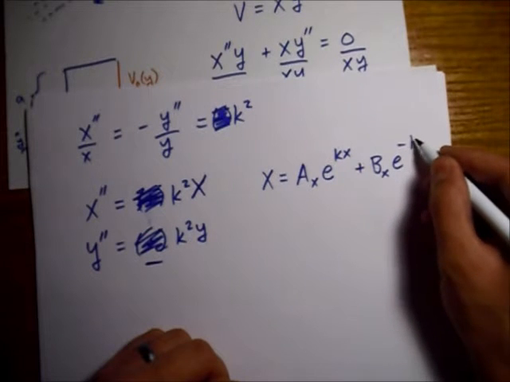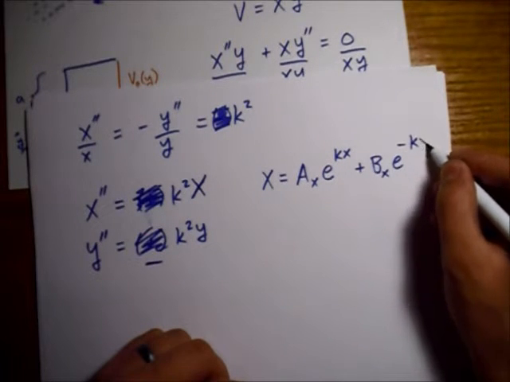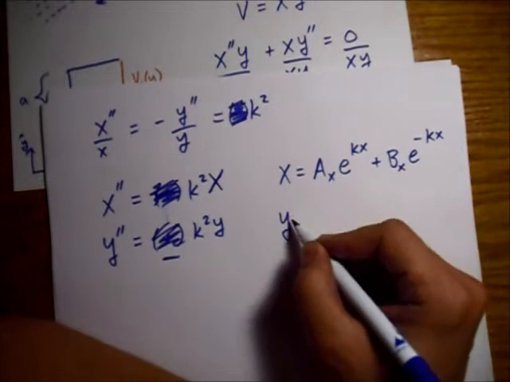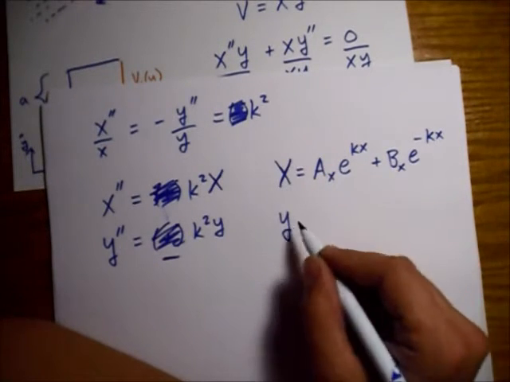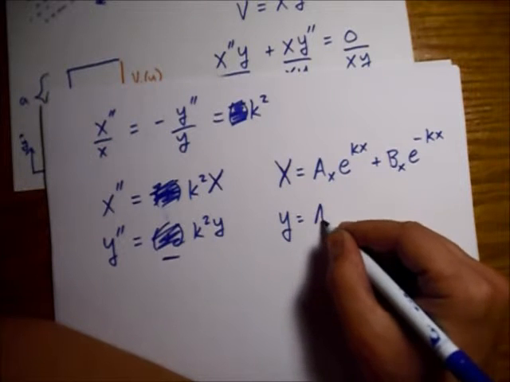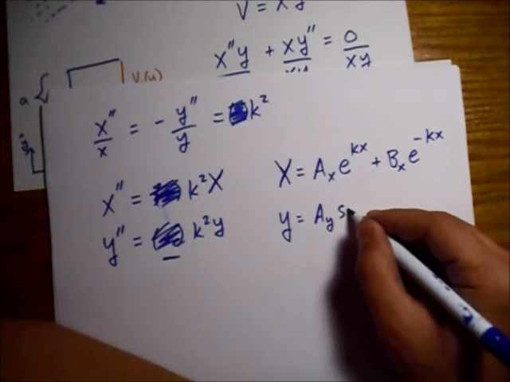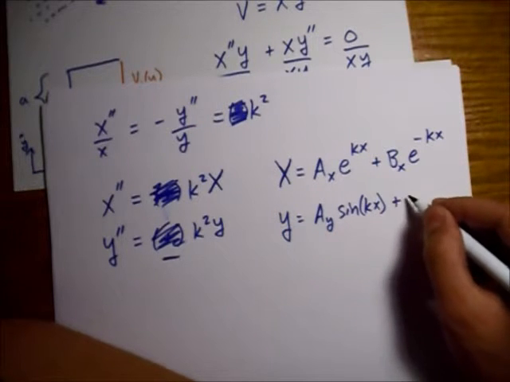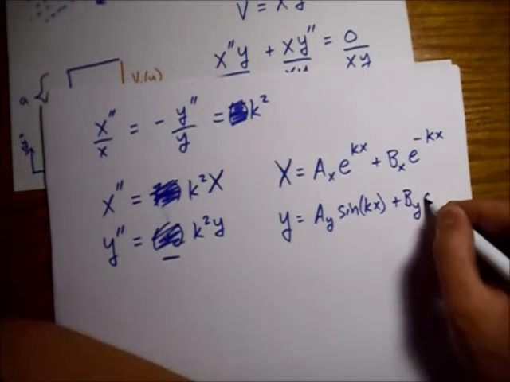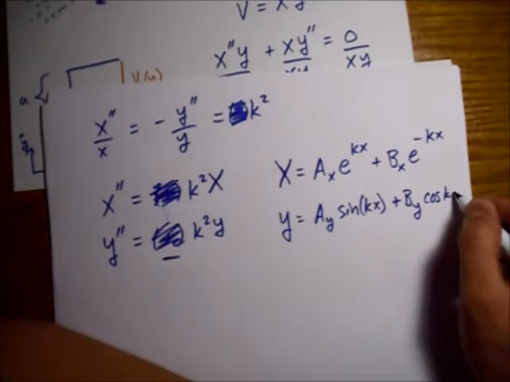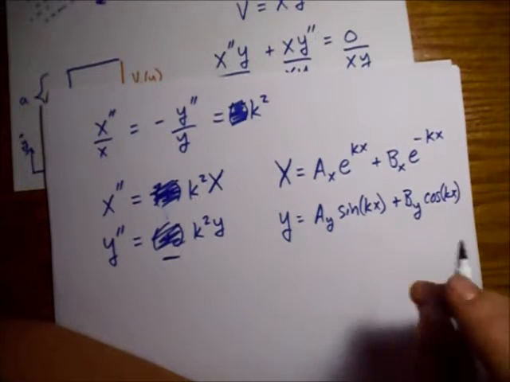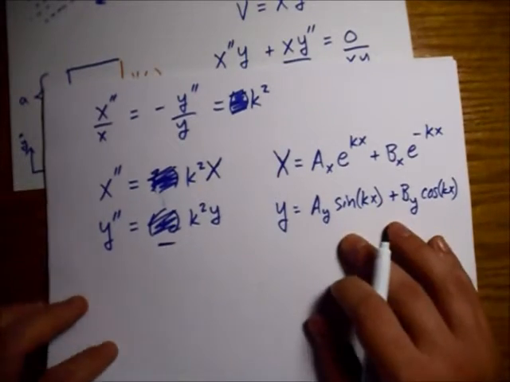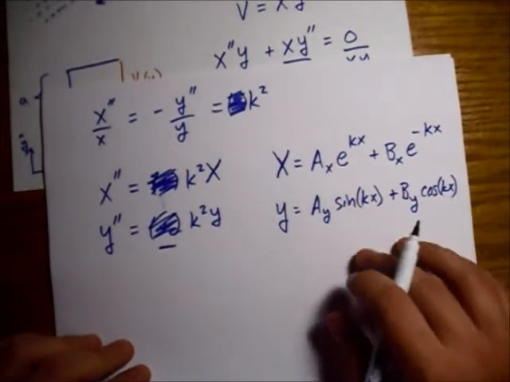And then we have our decaying exponential. For this solution, again, this is big Y and big X on this side. We have Ay sine of ky plus By cosine of ky. So these are the forms of our solutions.